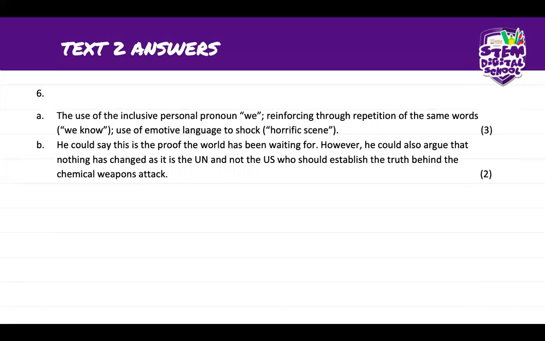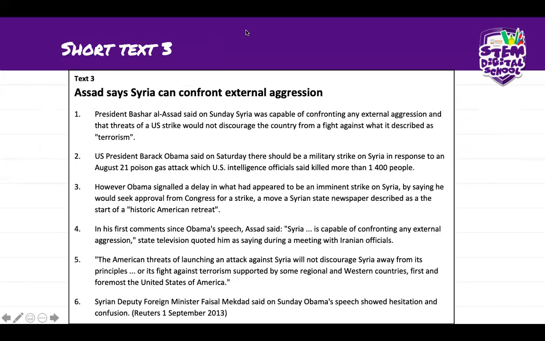Okay, let's go to text 3. Let's take screenshots, indulge yourself in the reading.